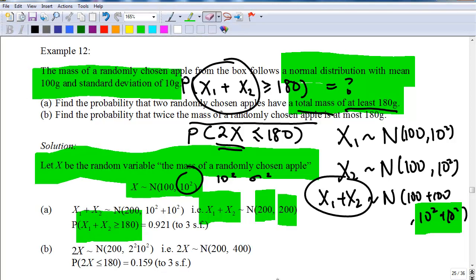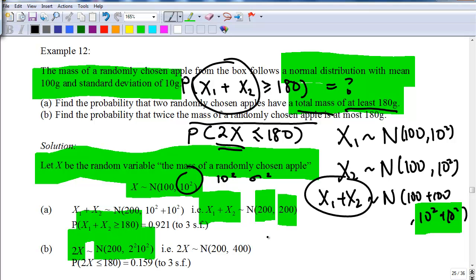Now I want to show you two ways that you can get your answer. Now the first way is to work out the distribution for 2X. If you look at the notes, 2X is normally distributed. You times 2 to your expectation and you times 2 squared to your variance.